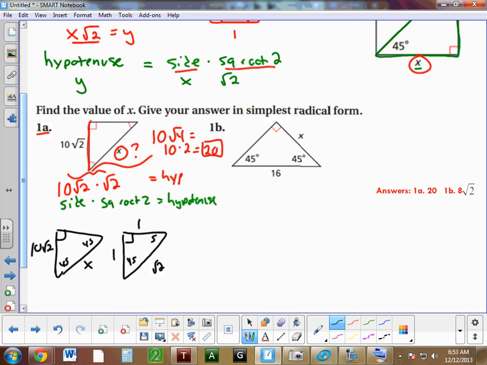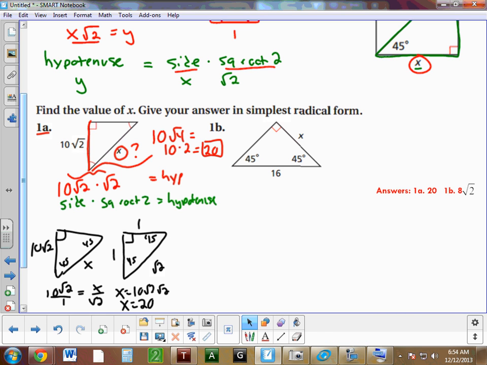You know how to do this stuff already because we've been doing this for the last few weeks. If I set up a little proportion, 10 root 2 over 1 equals x over root 2, you end up with the same thing, because when you solve this, you get x equals 10 root 2 times root 2, which I just showed you already simplifies down to 20. Now, if this example down here makes a little bit more sense to you, then go for it. Do it that way.